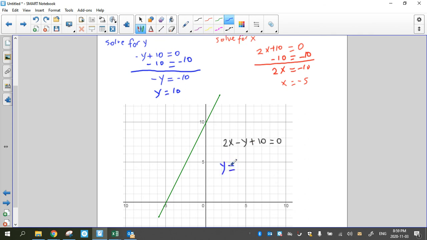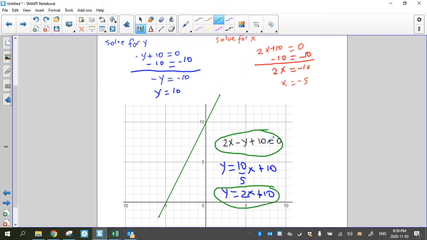The slope would be 10 divided by 5, x, and the y-intercept is 10. So these two equations are equivalent. This would be 2x plus 10. The equation in standard form and the equation in slope y-intercept form.